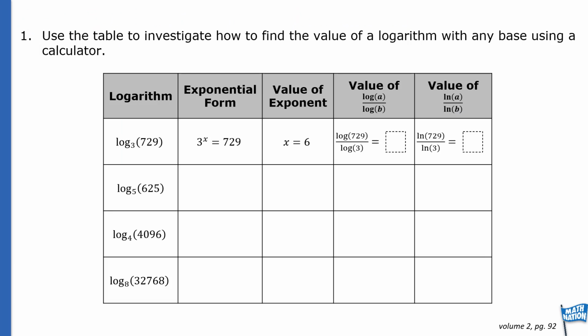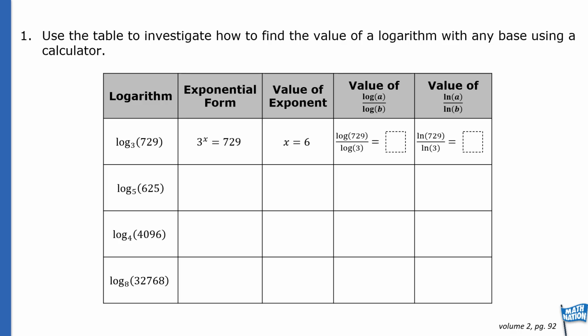Okay, so let's use the table to investigate how to find the value of a logarithm with any base using a calculator. Remember, going back to those properties, the first one is done for you, most of it.